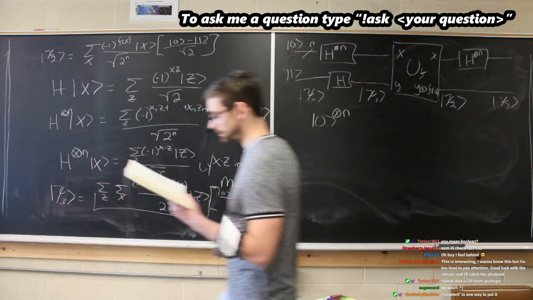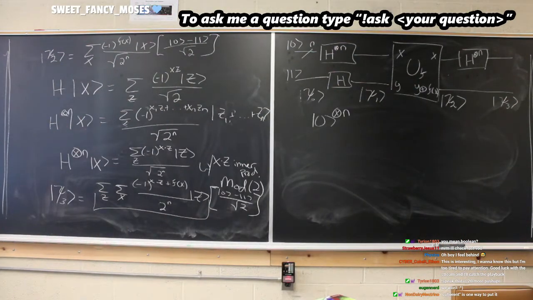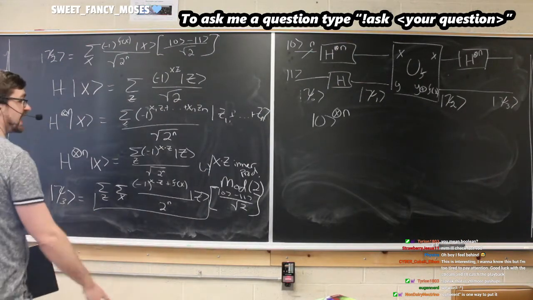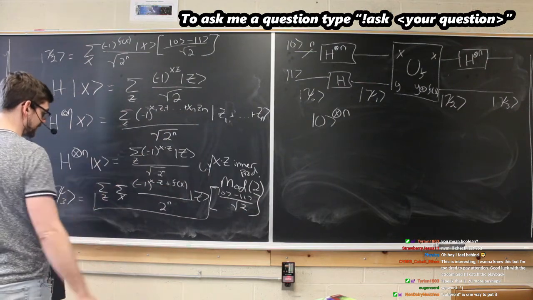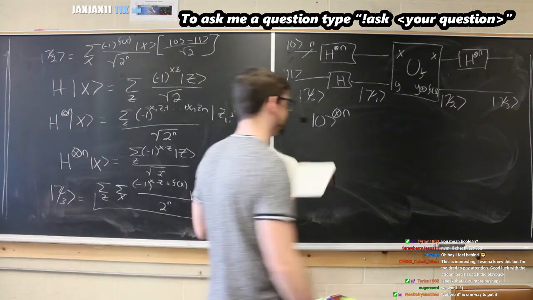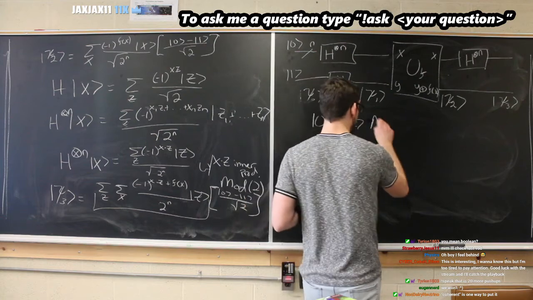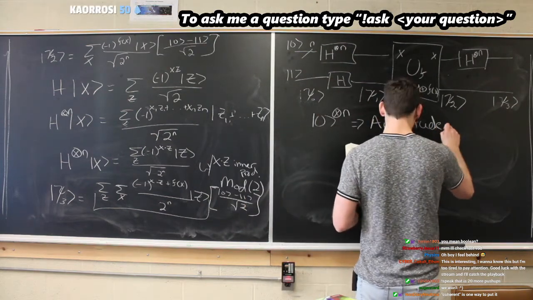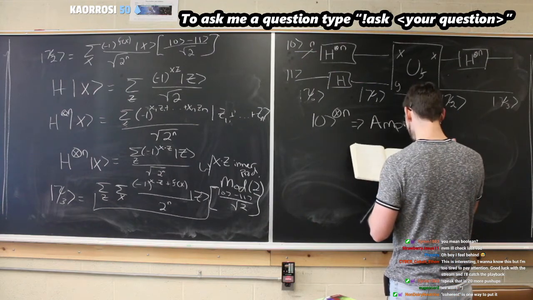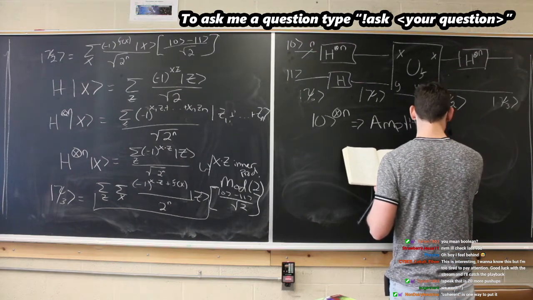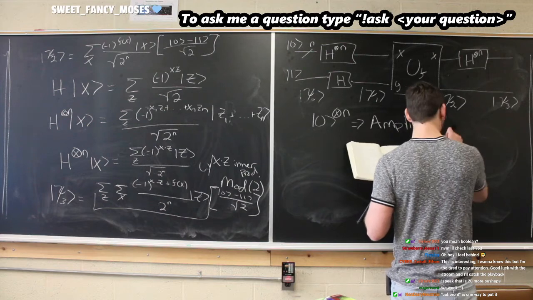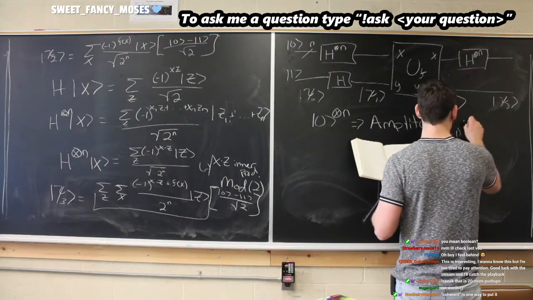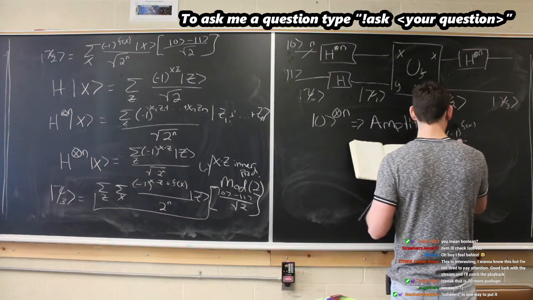Okay? Let's talk about the amplitude. The amplitude of this, if all of the x's are zeros, is going to be the following. It's going to be the sum over all of x of (-1) to the f of x, divided by 2^n.